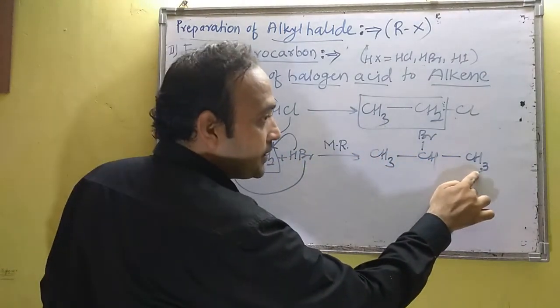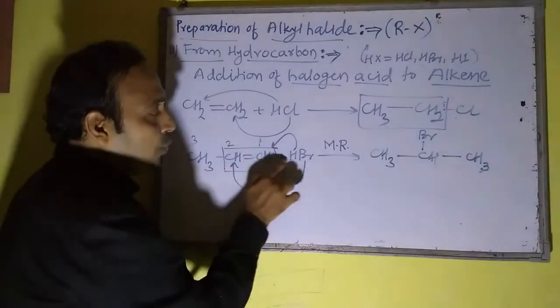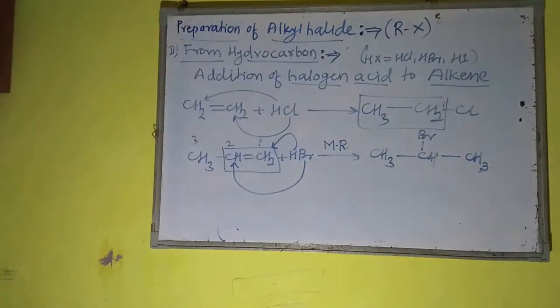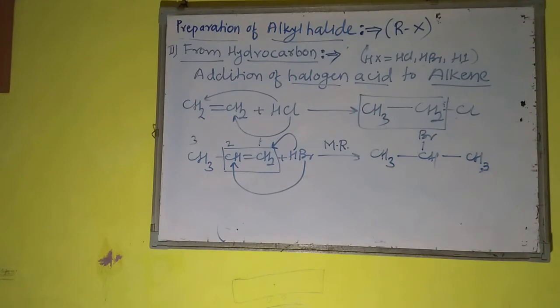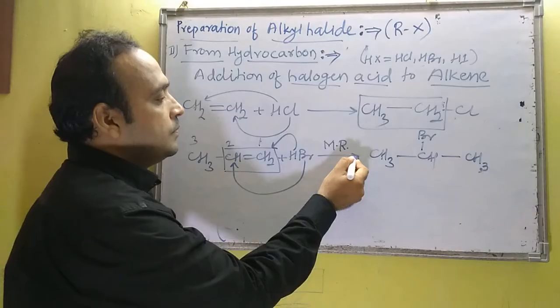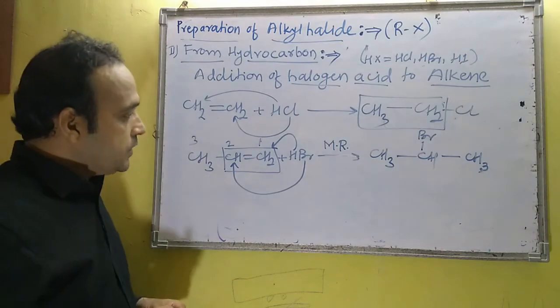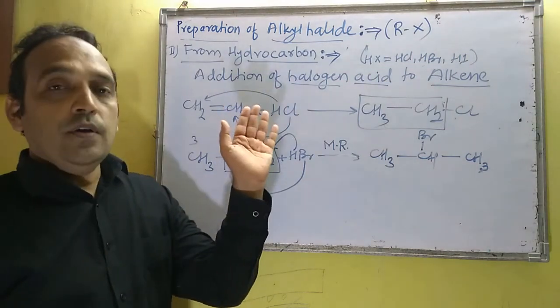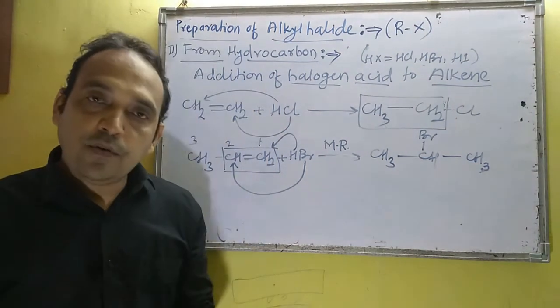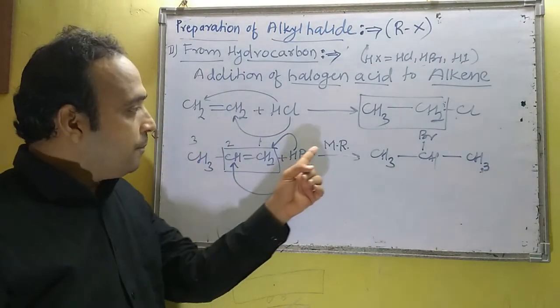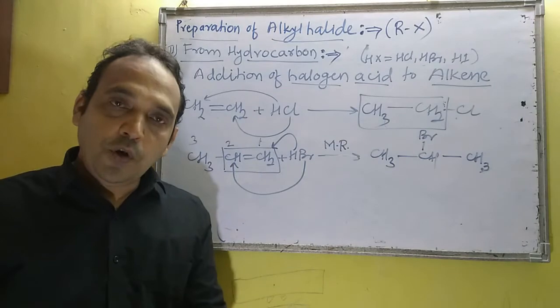We are going to attach one hydrogen atom to this CH2. So this is your hydrohalogenation, addition of hydrogen halides across carbon-carbon double bond according to Markovnikov rule.